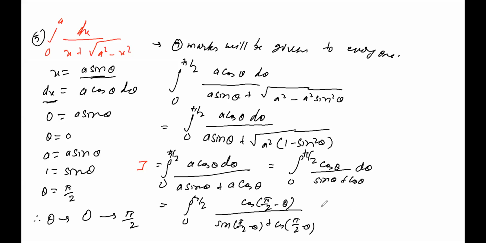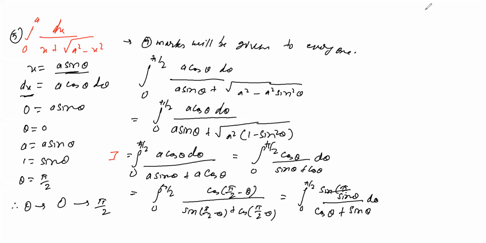So it will become integral 0 to pi by 2 of sine theta upon, sine of pi by 2 minus theta equals cos theta, plus cos of pi by 2 minus theta equals sine theta, d theta.